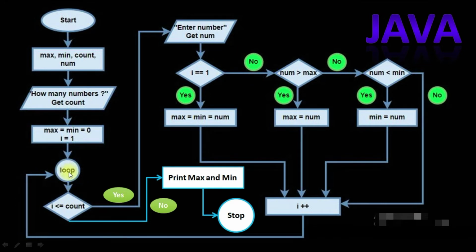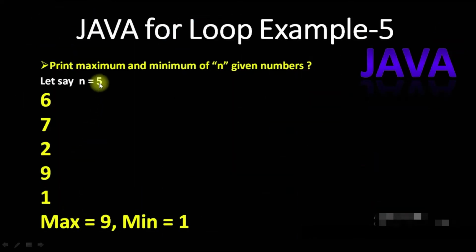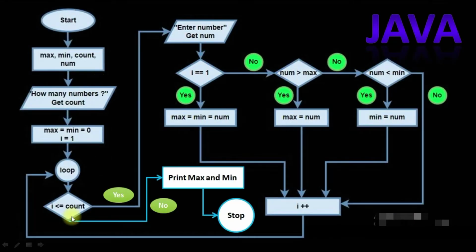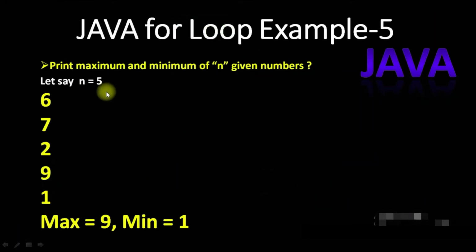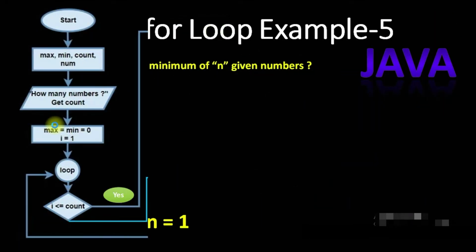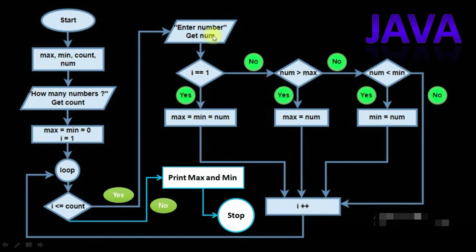Now i is here 2. Now it will check i less than or equal to count, and our count we set as 5, right? So yes, 2 is less than or equal to 5, that means it again goes to this yes condition. Then it will ask to enter the number, that means your second number. So what is our second number here? 7. That means it will take 7 under the num variable again, and it will check: is it the first iteration?